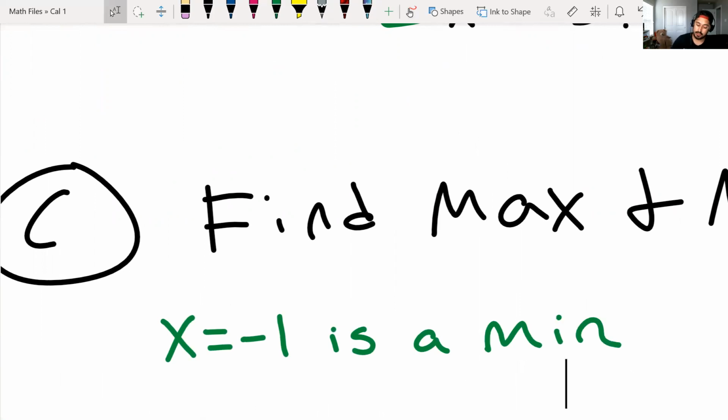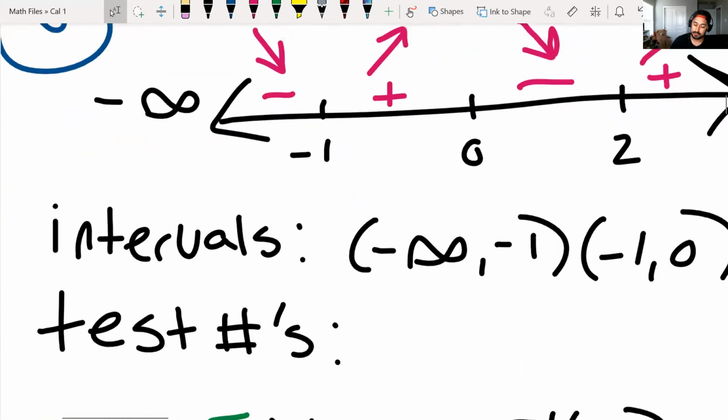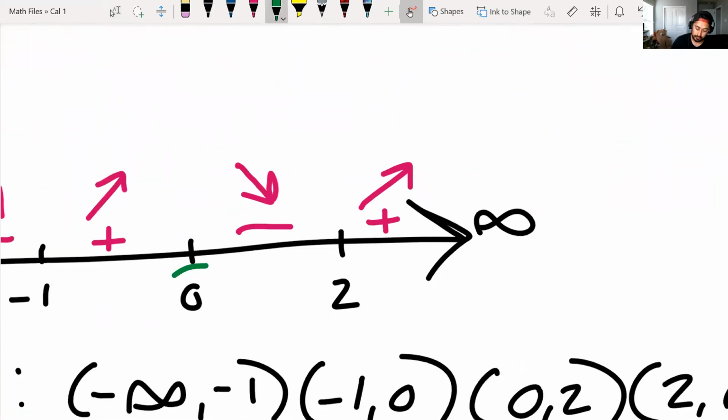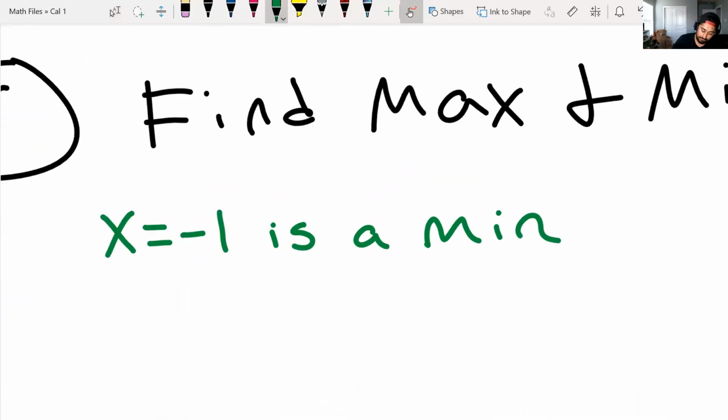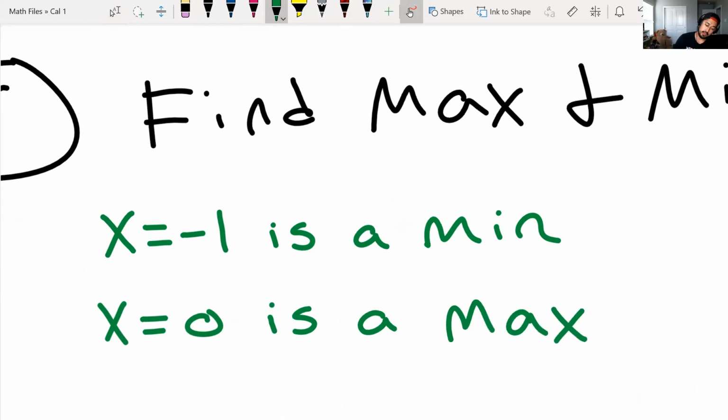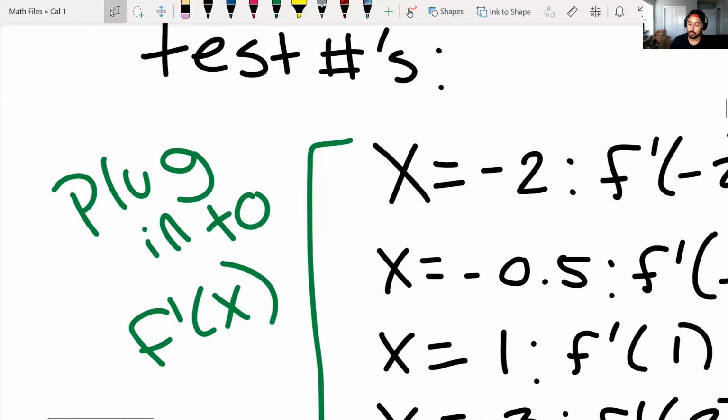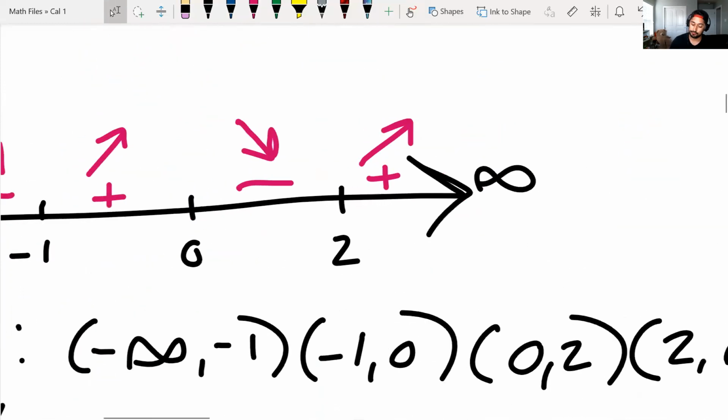Okay. Now let's look at the next critical number, 0. What is my sign chart doing at 0? It is increasing and then decreasing, which means 0 is a maximum. So x equals 0 is a maximum. And let's look at our last critical number, 2.